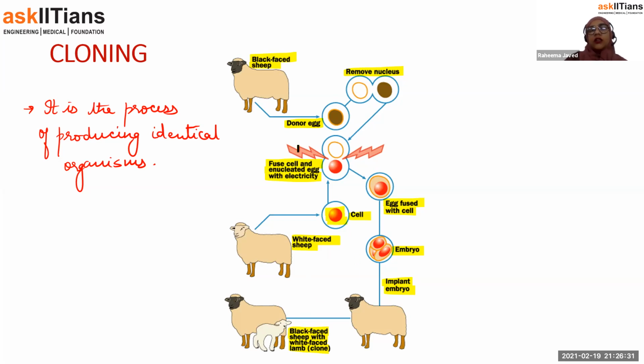The donor of the egg and the surrogate mother are both black faced sheep, but still the lamb that was produced was white faced, because the nucleus was of the white faced sheep. This is how the cloning process is done, and this is how Dolly the sheep was produced.